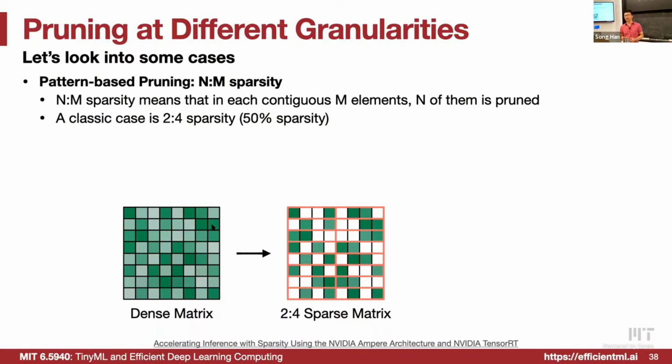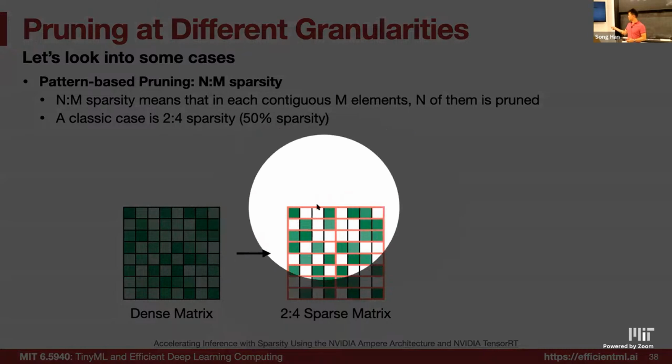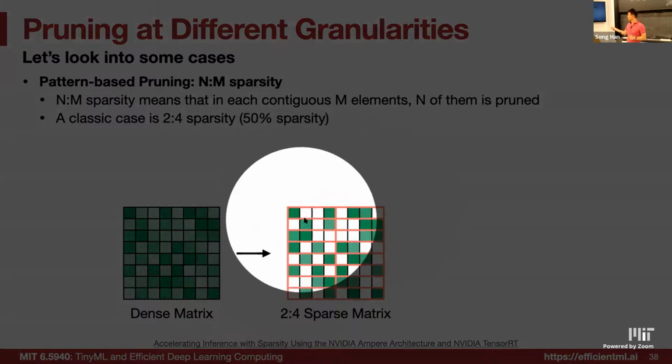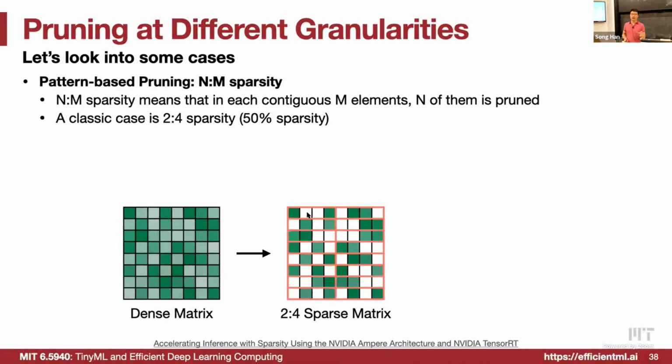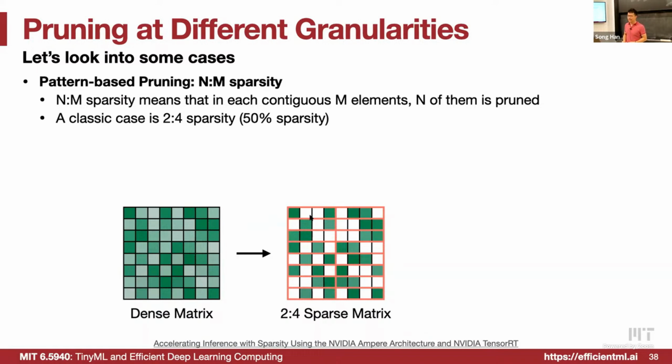And actually, if you look deeper, like the first row, this is due to every group of 4 elements, you must have at least 2 zeros. So 2 to 4 means out of 4 entries, at least 2 entries have to be 0. And that is the case for every group of 4 elements. And that's why we call it 2 to 4.